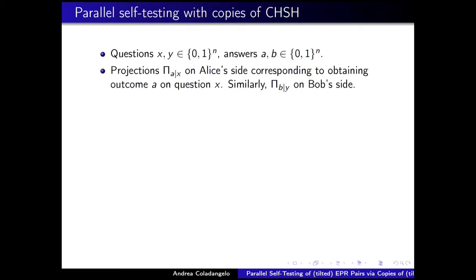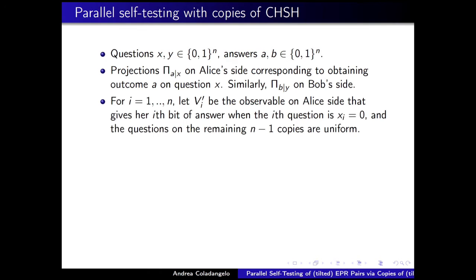Now, in order to talk about the expectation value of the ith copy of the CHSH game, we need to define a few other observables. We let v_i prime be the observable on Alice's side that gives her the ith bit of her answer when her ith question is x_i equals 0. And we assume that the questions on the remaining n-1 copies are uniformly distributed.